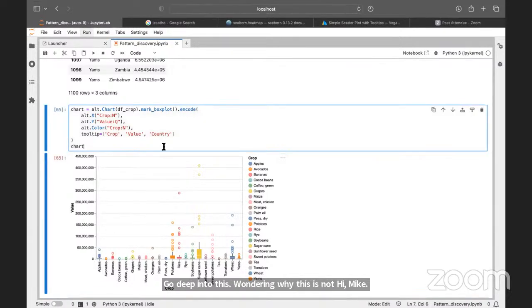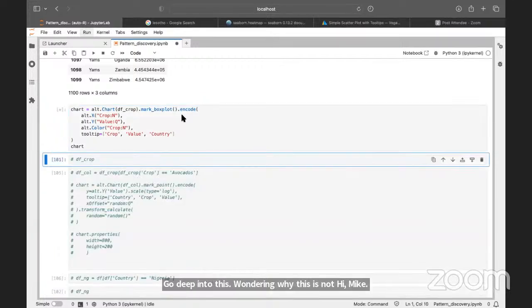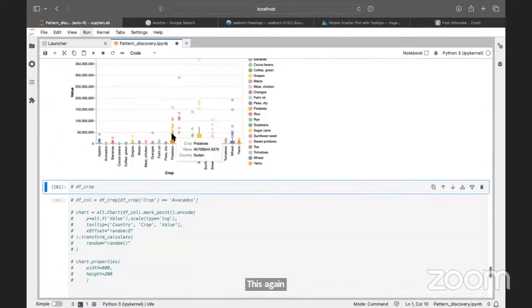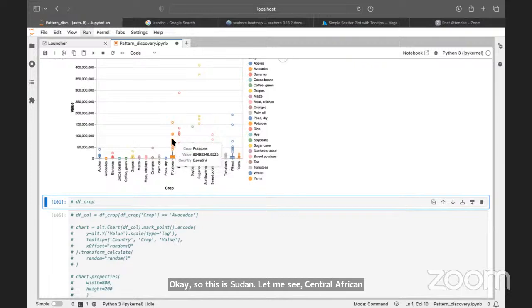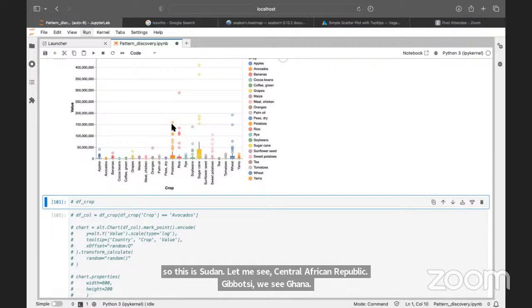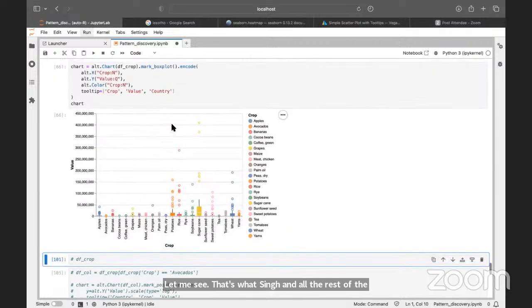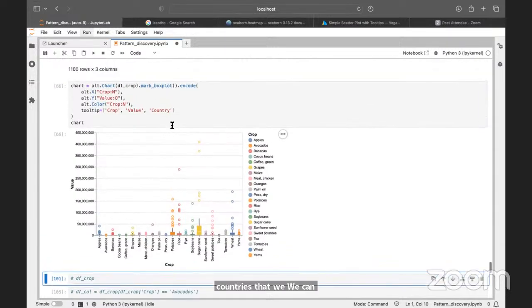Run this again. Okay, so this is Sudan. We see Central African Republic, Djibouti, we see Ghana, we see Eswatini, and all the rest of the countries.